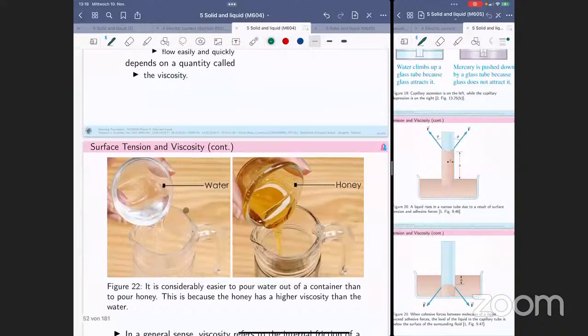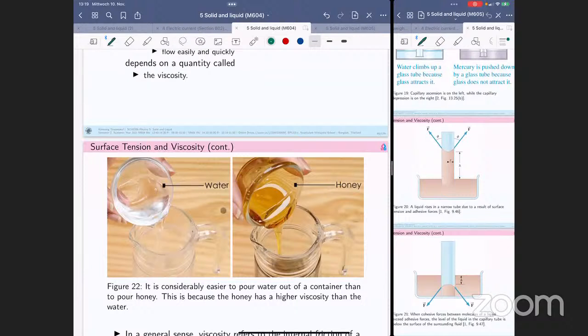The first case is that we take a look at the water and honey. If you try to pour the water from a glass or a cup like this, you would see that it's quite easy to pour the water into the big jar or container.